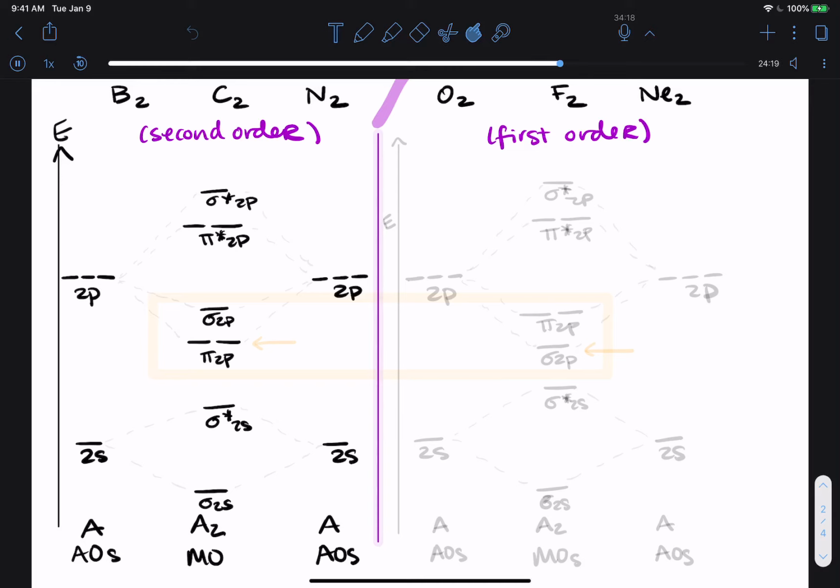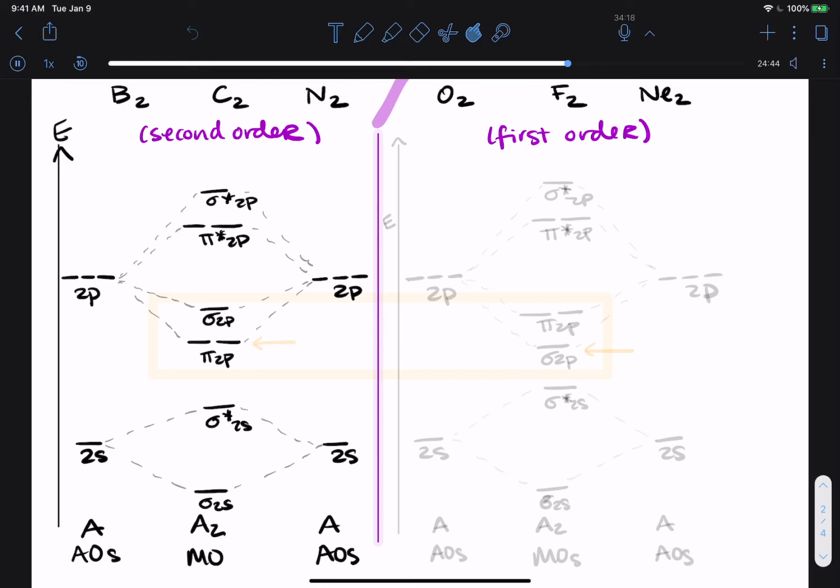2p. Hugely important to put in these connecting lines, especially now, so the 2p's contribute to all of these, and then my 2s contributes to the sigma 2s and the sigma star 2s.